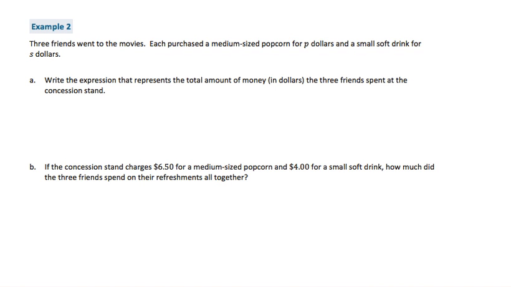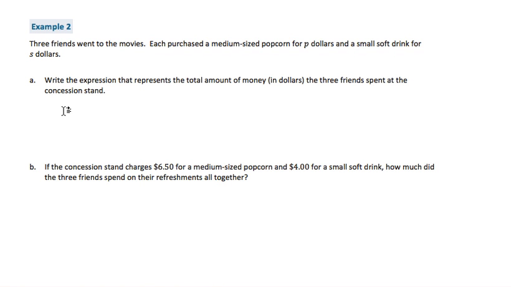Moving on to example 2, 3 friends went to the movies and each purchased a medium-sized popcorn for P dollars and a small soft drink for S dollars. They're asking us, first of all, to write the expression that represents the total amount of money that the 3 friends spent at the concession stand, so all 3 of them together.